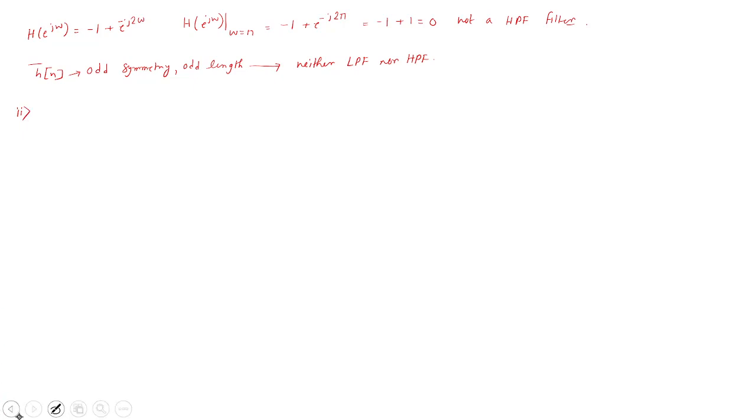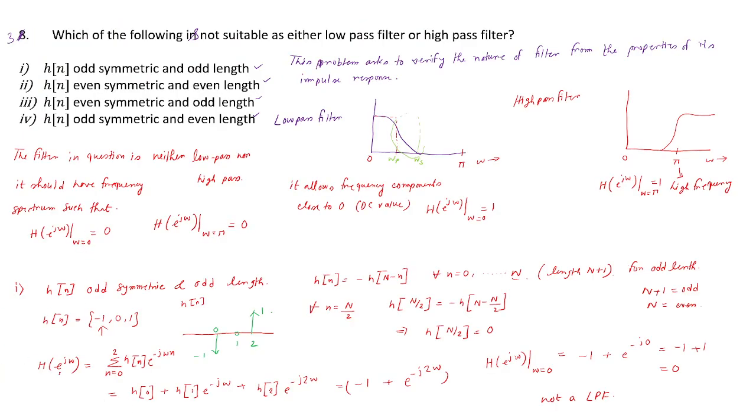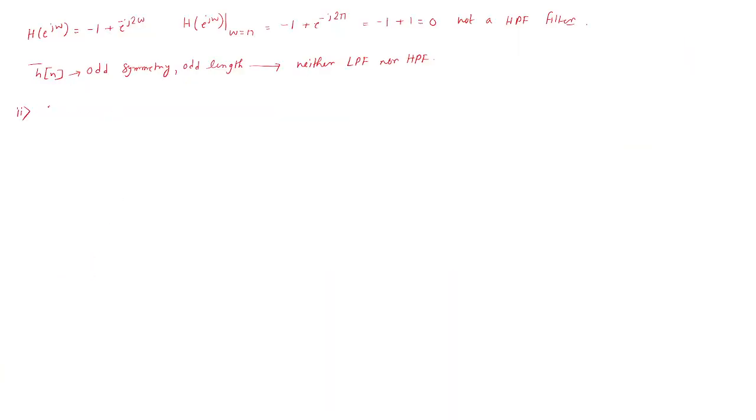The second case is h[n] even symmetric and even length. h[n] shows two properties: even symmetry, even length.